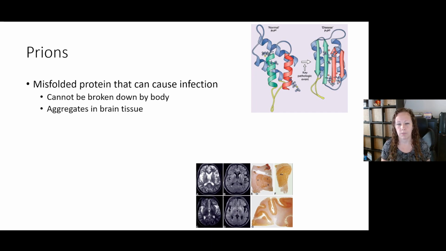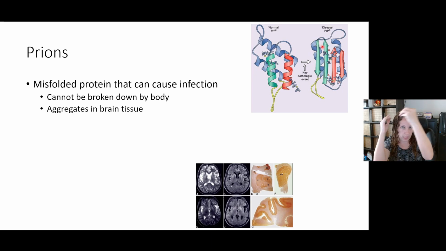And the thing that makes it really bad is that it is kind of like contagious within your body. This misfolded protein will cause other prion proteins to also become misfolded.